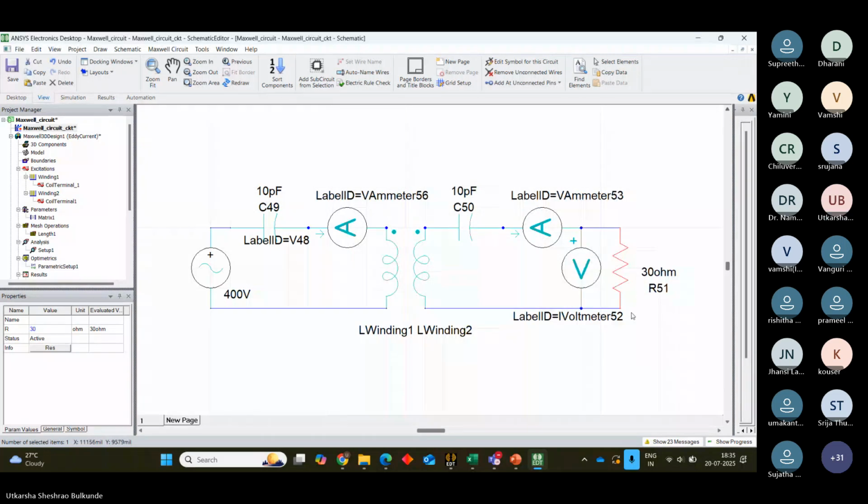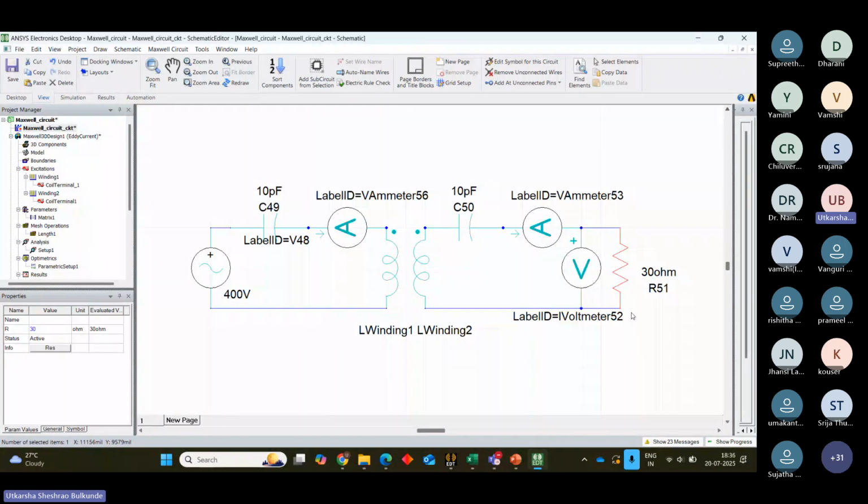I told you in the morning that if my output resistor is RL, the value of my load resistor is RL. For deriving the equivalent circuit, when I bring it in front of the rectifier, I use 8 upon pi square into RL.